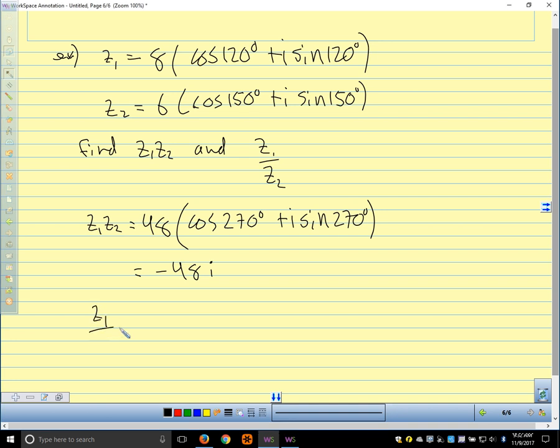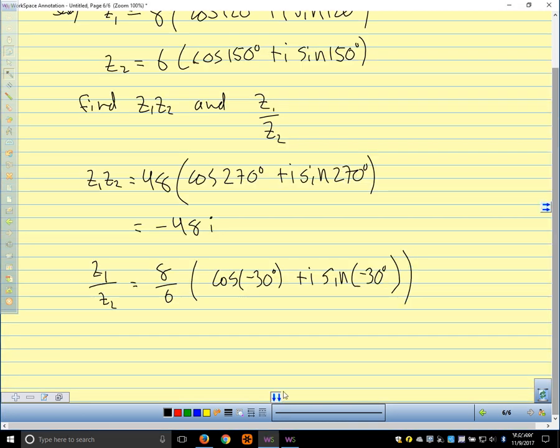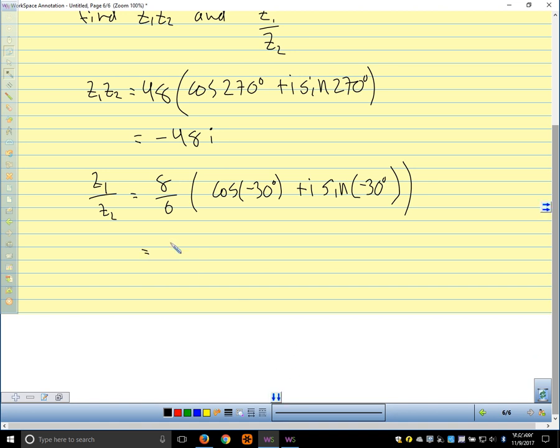Z1 divided by Z2 is 8 divided by 6 times the cosine of 120 minus 150, negative 30, plus i sine negative 30. And I can reduce this and say that's 4/3.